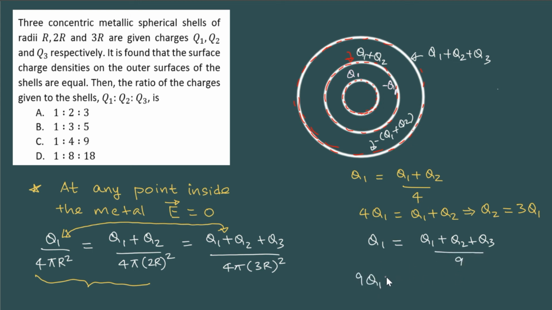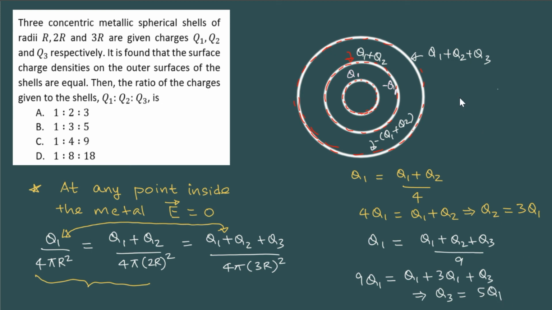Again, the algebra is up to you, so do whatever is convenient. Q2 is 3Q1, so plus Q3. From here you see that Q3 is 9 minus 4, so 5Q1.